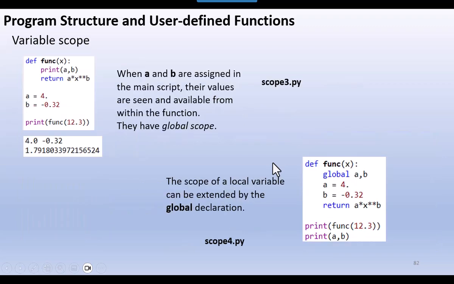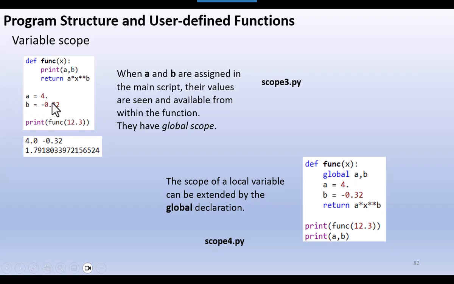So moving on, we change the game a little bit here, and we define a and b outside the function, and then we try to print it inside the function, all right? And it turns out that you can do that, all right, because the function has the ability to see variables in the main script, all right?